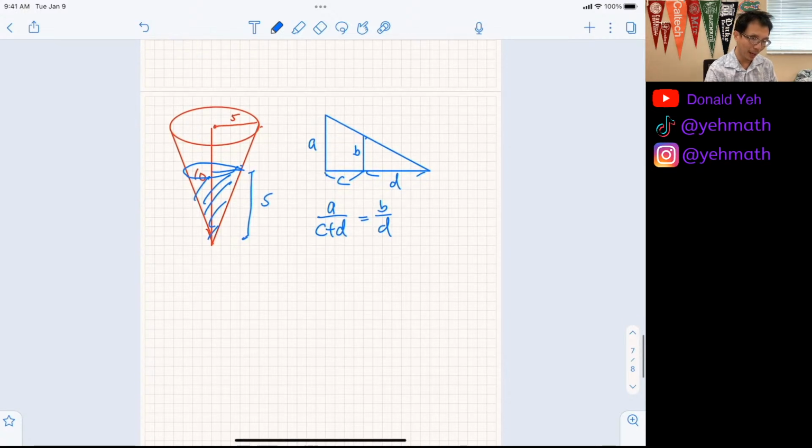In the SAT, you might see this. These two triangles are similar to each other too, but in a different orientation. Why? Because this and this are alternate interior angles, and this is a vertical angle.